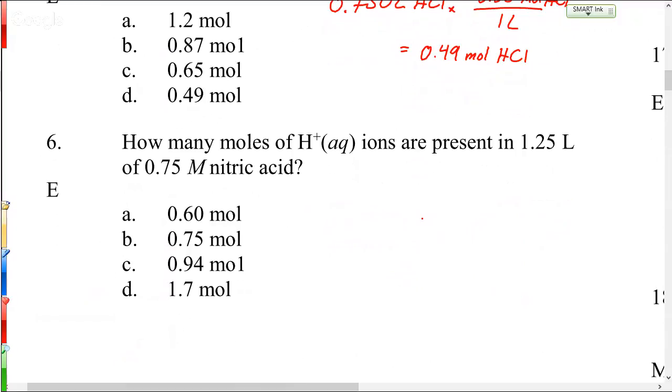And what's the charge on that? -1. NO3 is -1. So how many hydrogens does it need to balance the formula? 1. So nitric acid is HNO3. If you think about them as coming from the ions and you know your ions, which hopefully you do at this point, then you should be able to find the formulas. So all we need the formula for in this case is to know that there's one hydrogen per formula unit. So when we solve it the way we did before, we don't need to take an extra step there. It's 1-to-1.